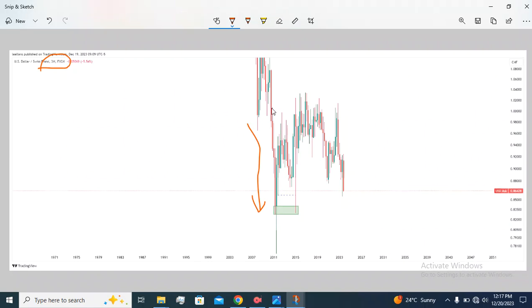We dropped down and we left some FVG here. There's an imbalance which usually acts as a magnet, where the market usually runs to fill them before continuing its direction.